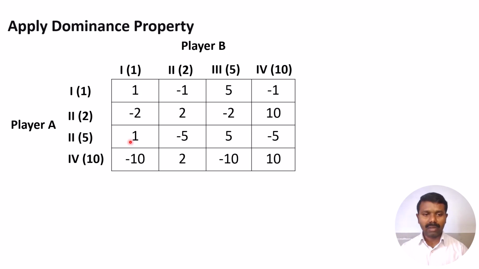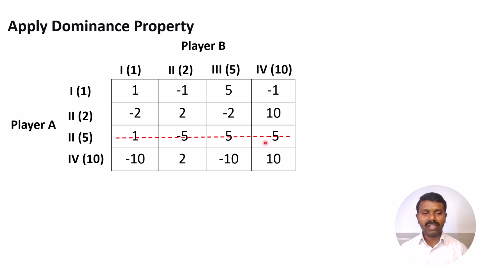Then let us compare these two rows. Here 1 and 1 are the same, but minus 1 is dominating minus 5 because minus 1 is a bigger number than minus 5. And here the 5s are the same, but again minus 1 is dominating minus 5. So that means strategy 1 is dominating strategy 3, so strategy 3 will be cancelled.